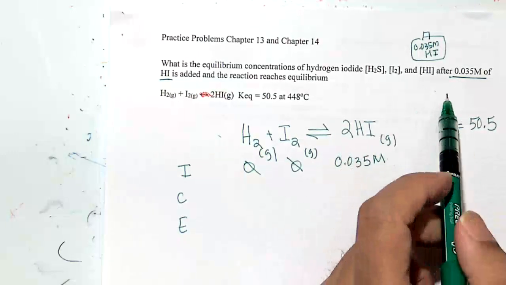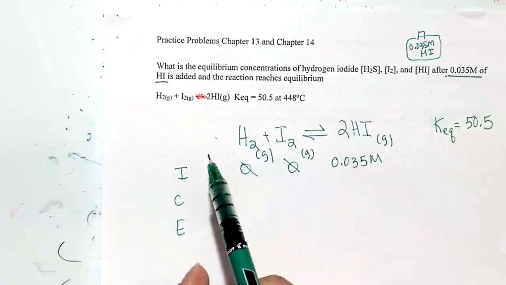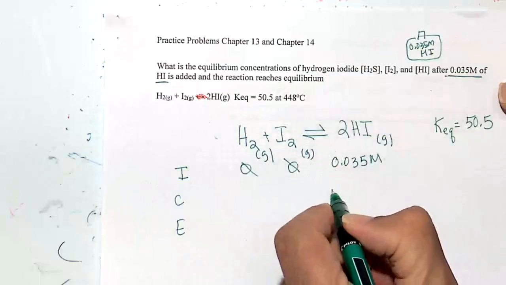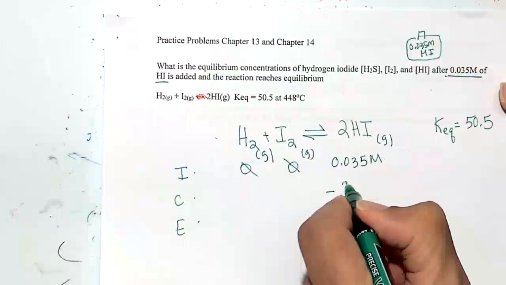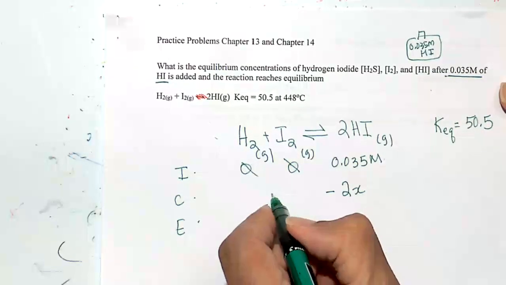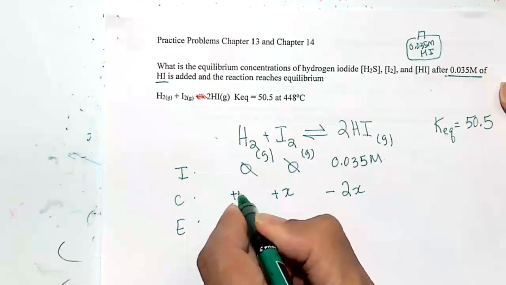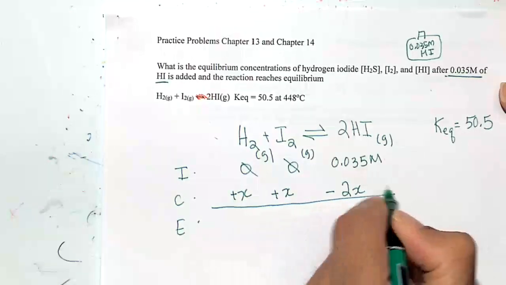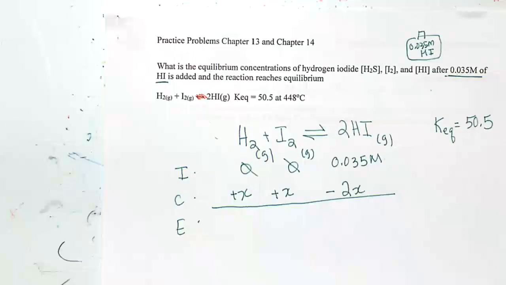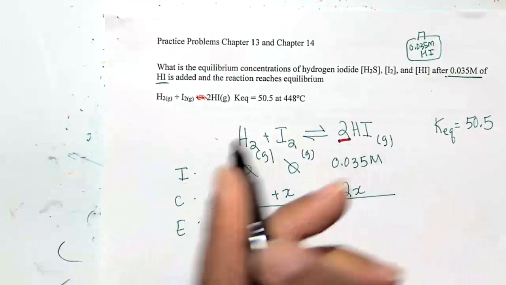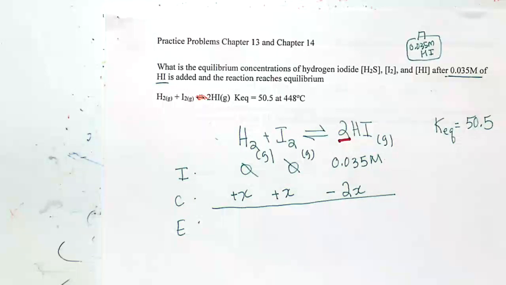Some of it is going to back react, and we're going to call that change minus 2x. We'll call this change plus x, and we'll call this change plus x. The reason why this change is minus 2x has to do with the 2 here, the stoichiometry.